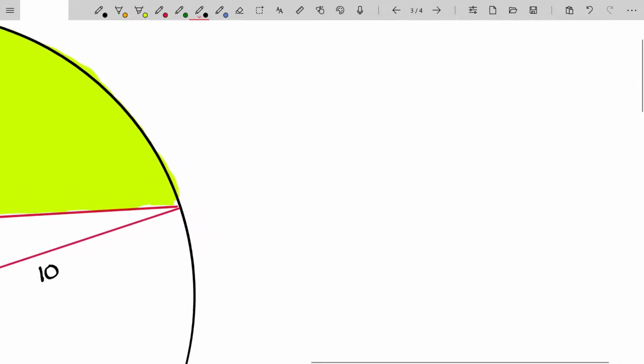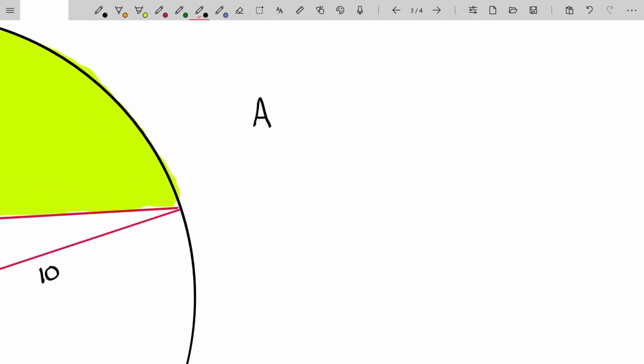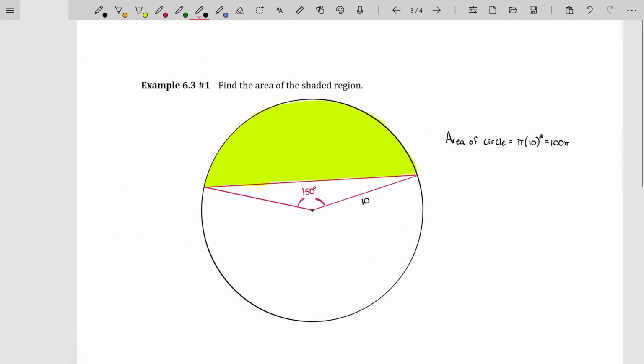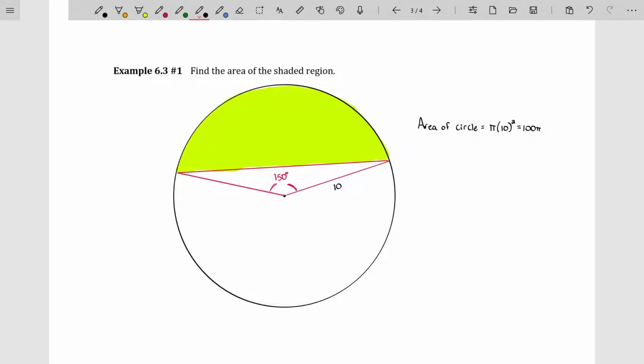So the area of the full circle, well, that's easy, right? Area of a circle, we know, is pi r squared, which is 100 pi. So we know the full area that we're working with is 100 pi square units.